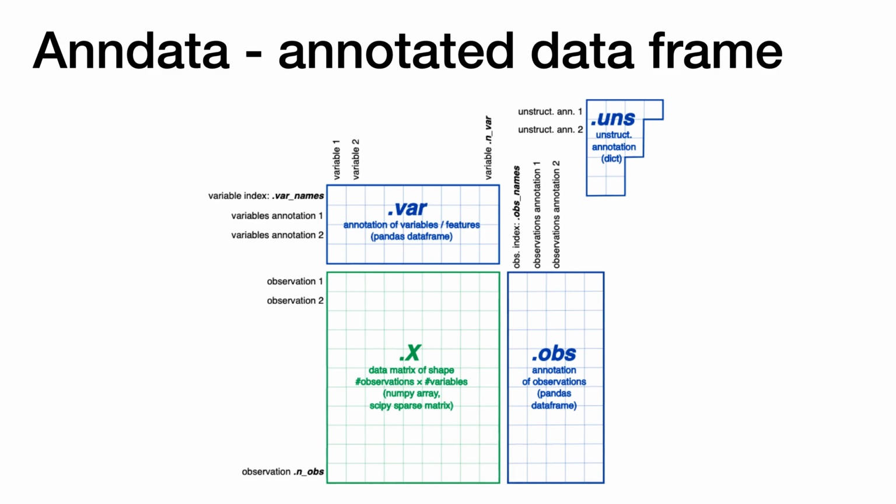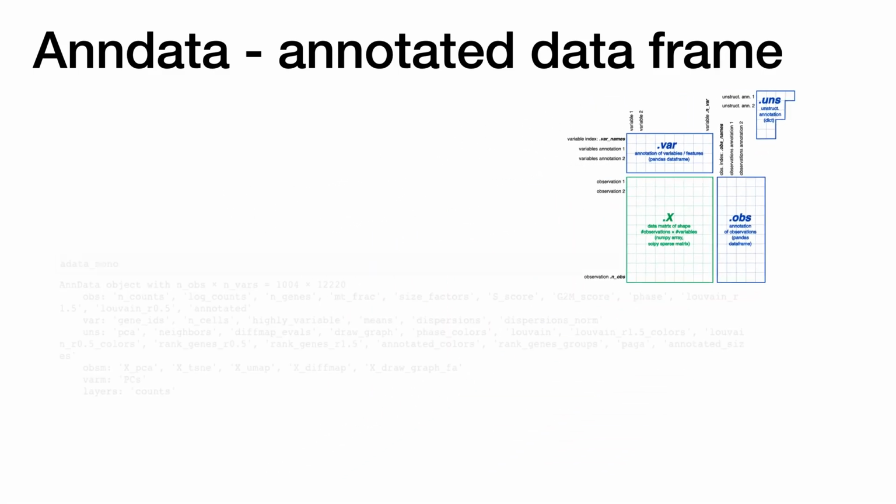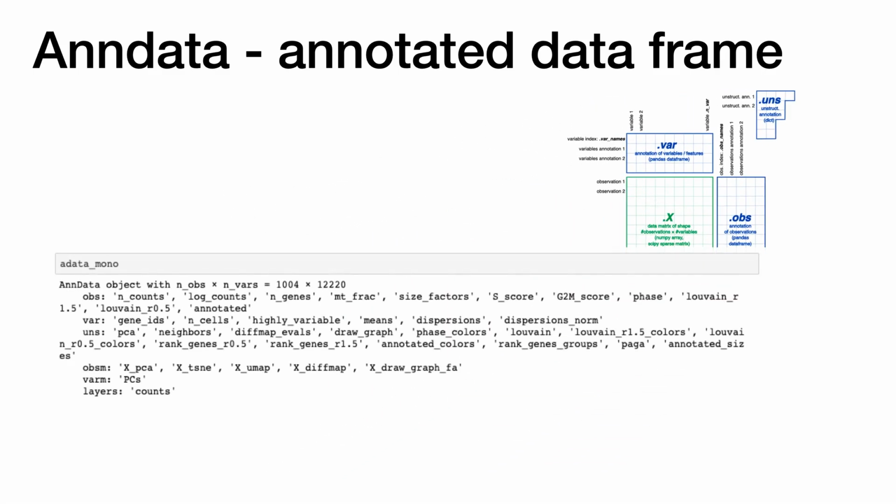I'll show you an example of how an AnnData object looks. This is one that you will probably create yourself during the course today. So what you see is an AnnData object, because I can use my mouse here. It has the dimensions n_obs, so 1000 cells, and it has 12,000 genes. Then the metadata are listed.